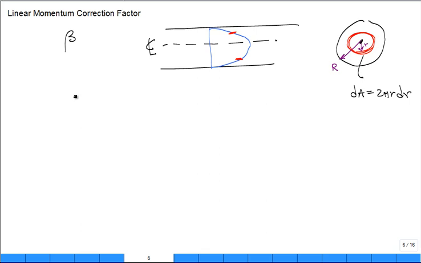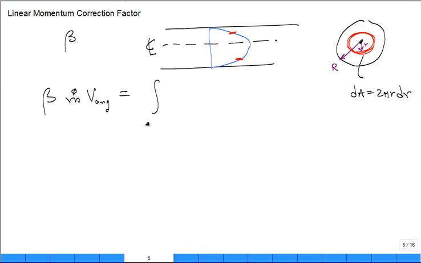We would like to take the mass flow rate times the average speed in the pipe and make that equal to the linear momentum flow rate. Well, it's not precisely equal to the linear momentum flow rate. We add a correction factor, beta, on the left-hand side. And on the right-hand side, we'll calculate the linear momentum flow rate very accurately using integration.